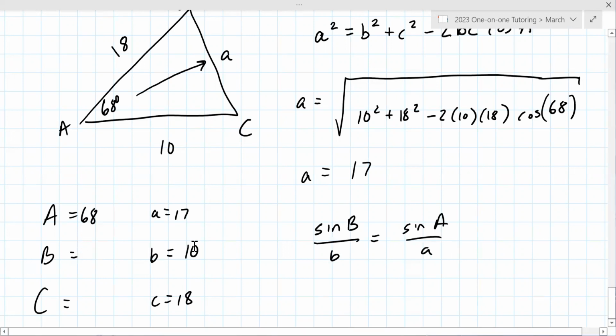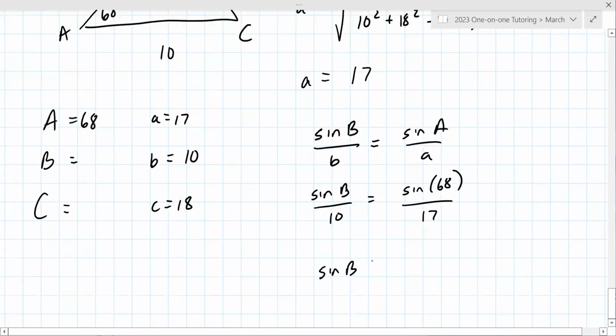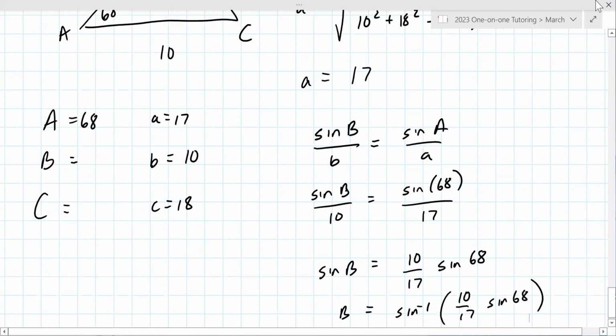So since I'm trying to find b, I have another angle side pair to work with. So substitute your numbers in. Sine b equals 10 over 17 sine 68, and then you can take a sine inverse for that. 33.0, or actually would it be 33.1?